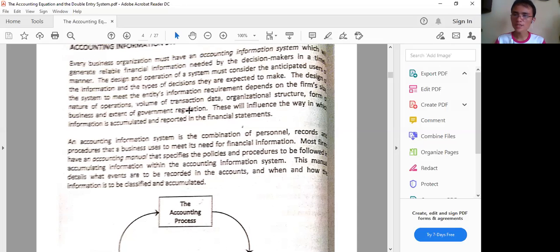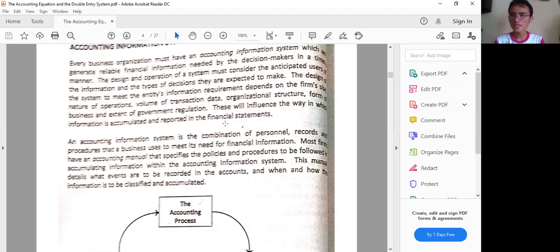We cannot achieve 100% accuracy. As soon as it is available, it can be furnished for the decision makers' usage, because it is useless to have 100% accurate information that is not given on time. So that's the point of timeliness versus accuracy.